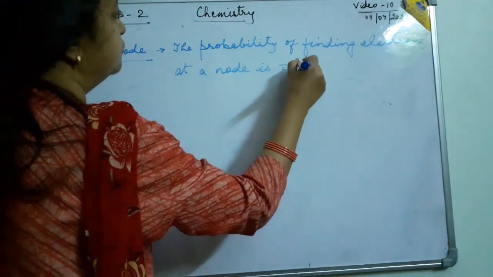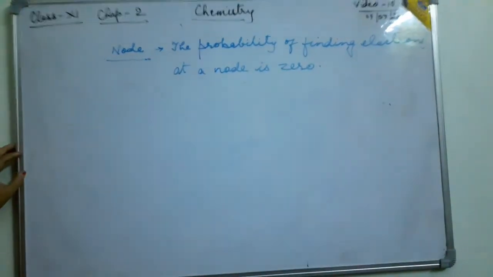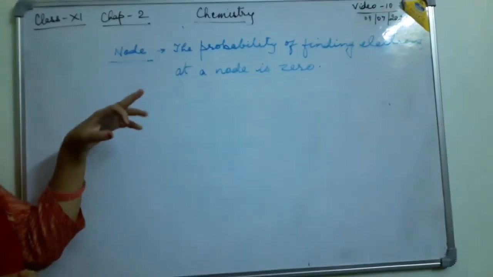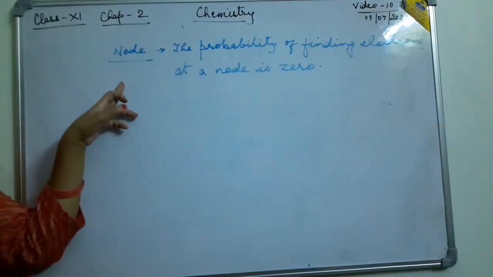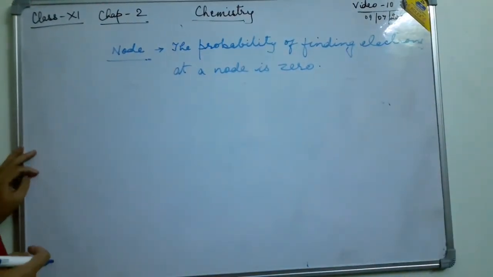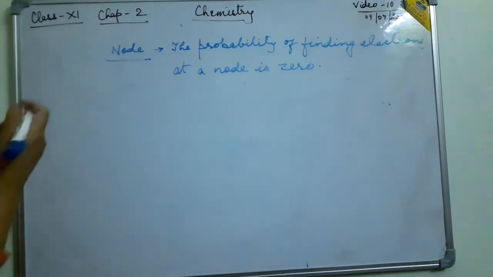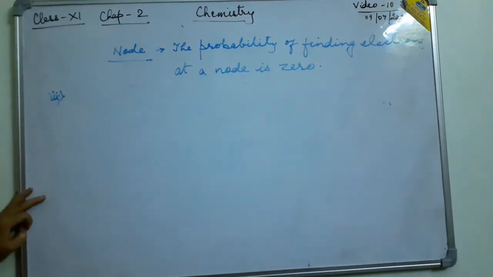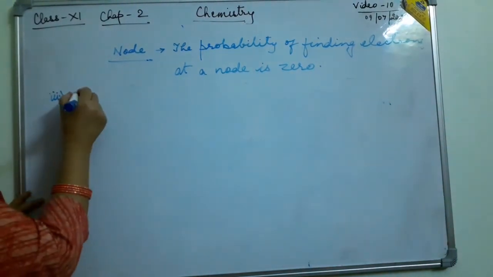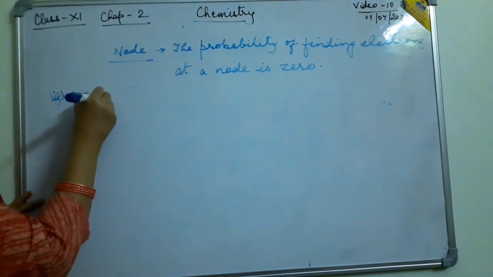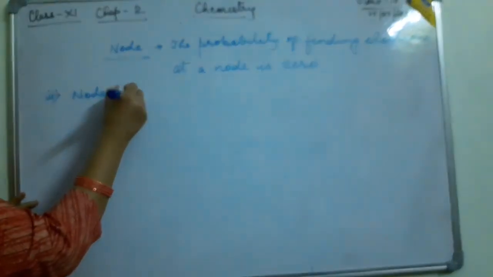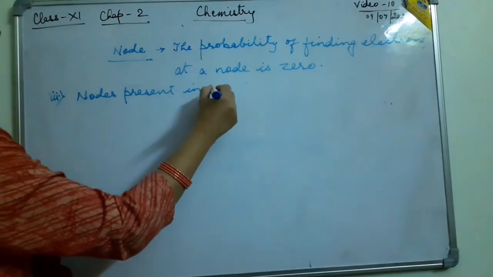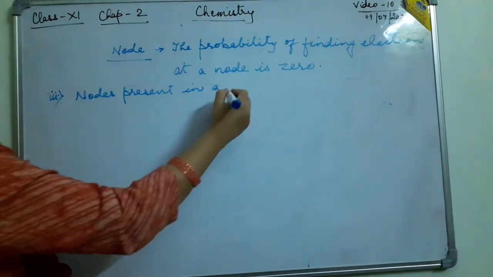So we can calculate the nodes in different orbitals by the azimuthal quantum number. The third thing it tells us is the total number of nodes present in an orbital.